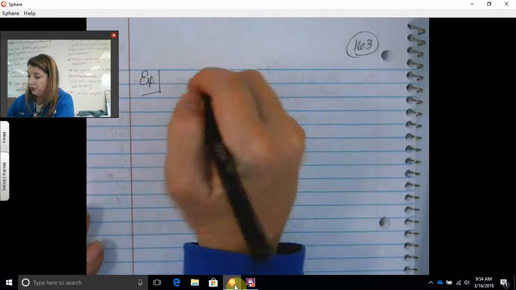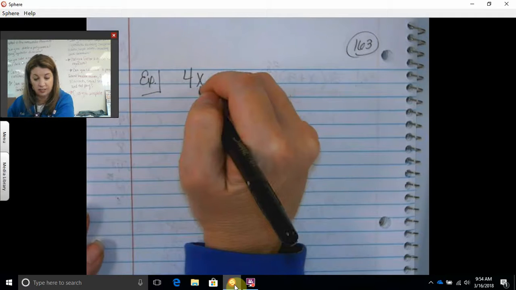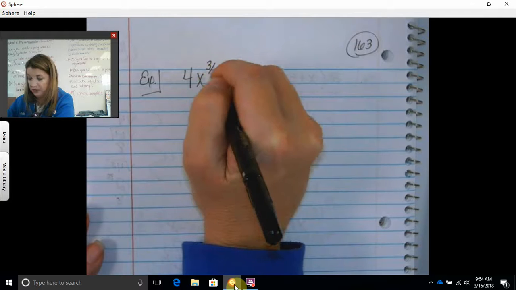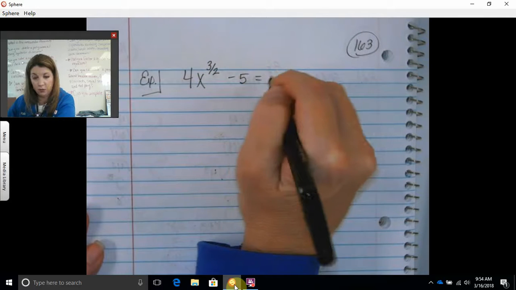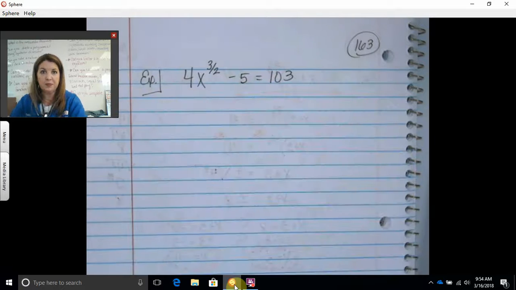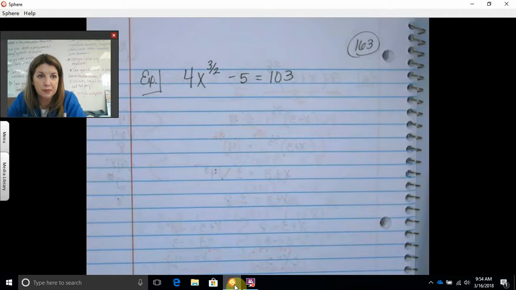We have 4x raised to the 3/2 minus 5 equals 103. Is this considered a radical equation? Yes, it is. So we have to isolate where there would be a radical.